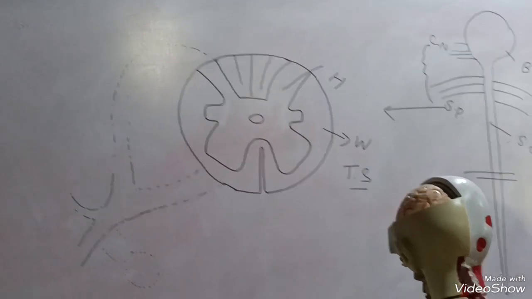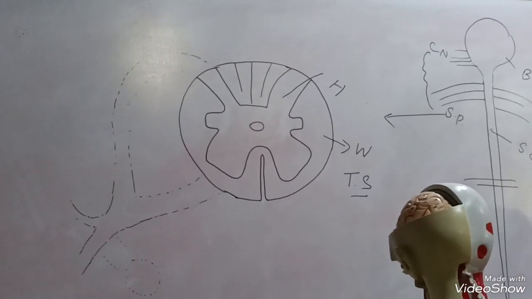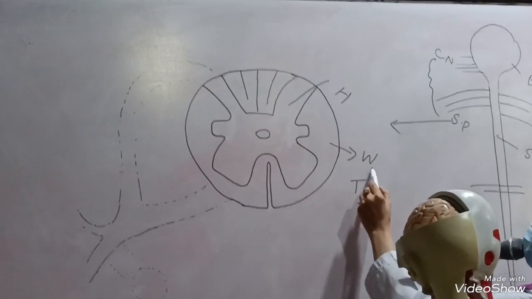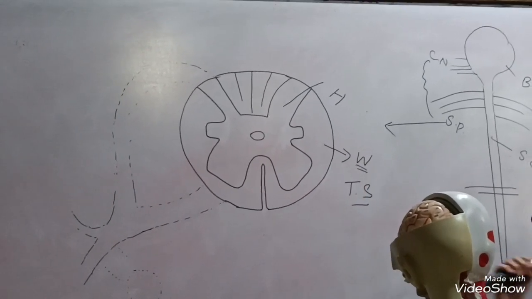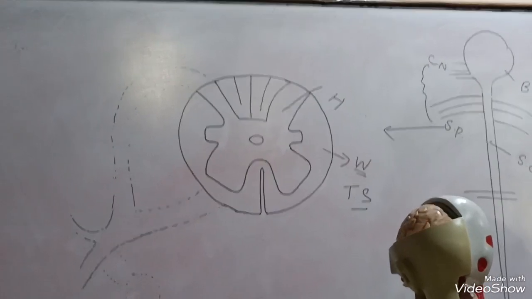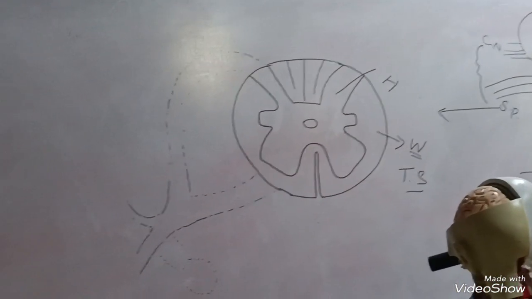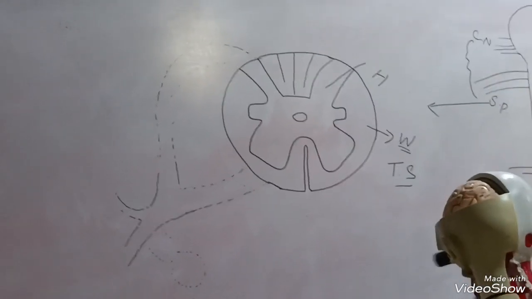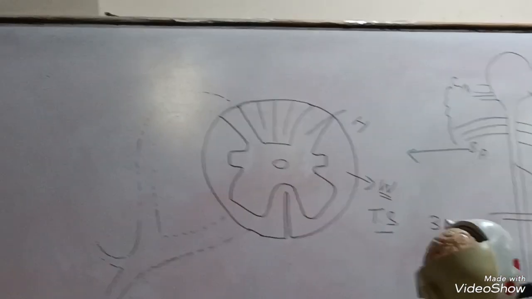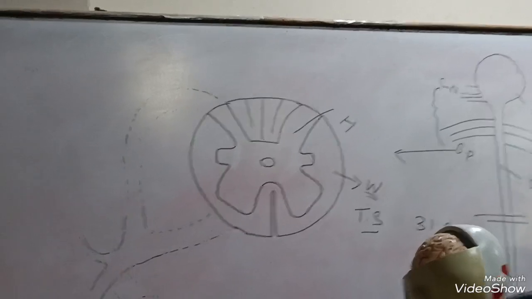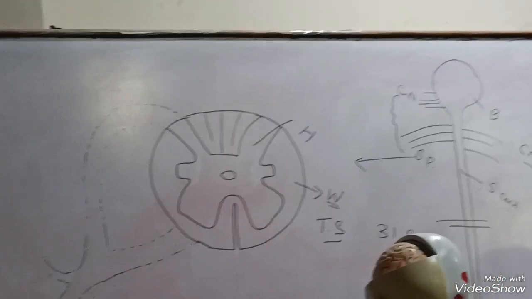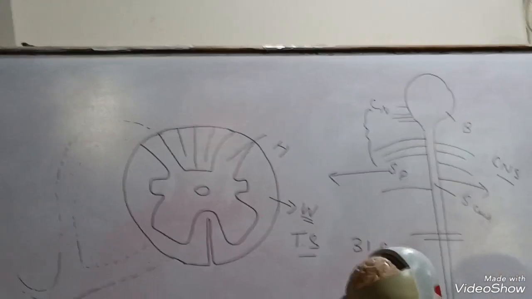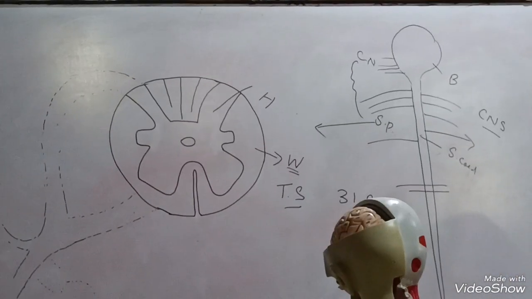We discussed that the gray matter consists of multiple neurons inside, and white matter consists of various axons or nerve fibers running in it. Okay? Now, we know that the spinal nerves which we are going to draw are in the form of 31 paired nerves. Paired means that they are present on this side and also on this side, making a pair, right?